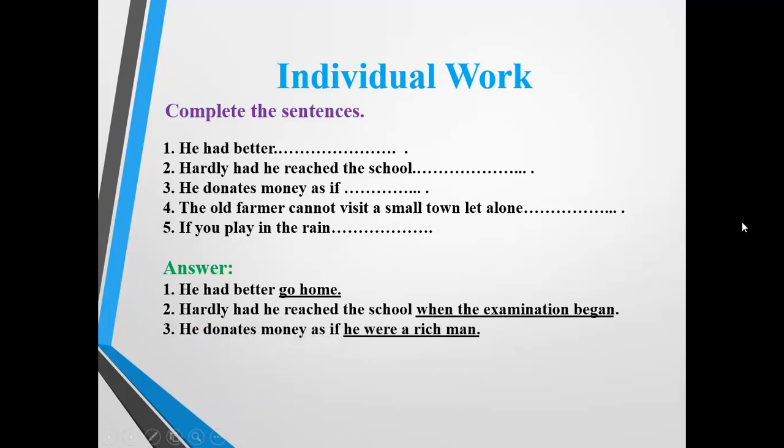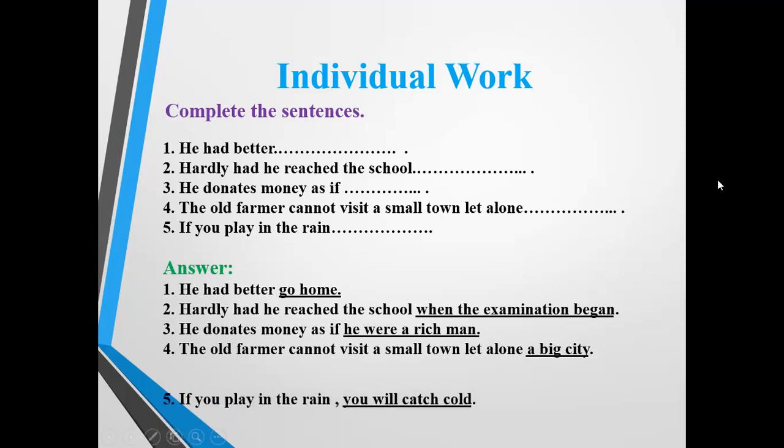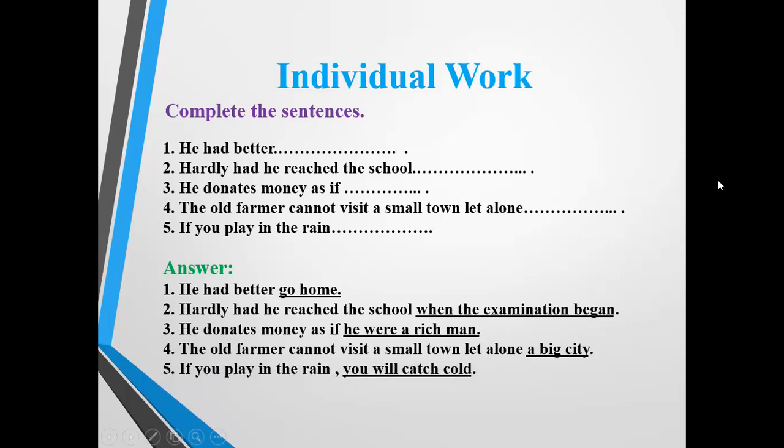He donates money as if he were a rich man. 4. The old farmer cannot visit his small town, let alone a big city. 5. If you play in the rain, you will catch cold. I think all of your answers would be correct.